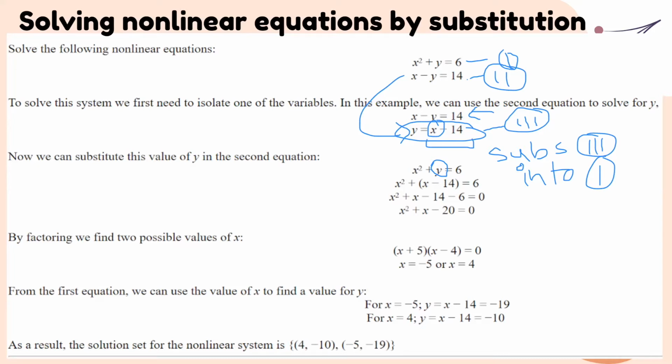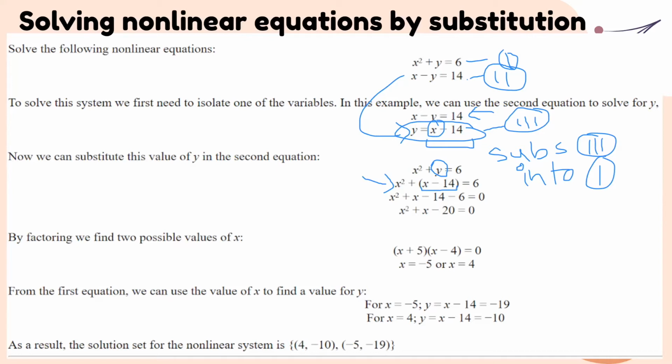So instead of writing y, I'm going to write x minus 14. Now you have in this step only one type of variable: x squared plus (x minus 14) is equal to 6. You have only one type of variable, which is x, and you can obviously solve an equation with only one type of variable.